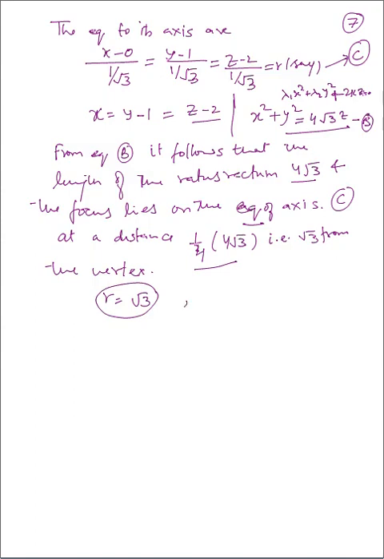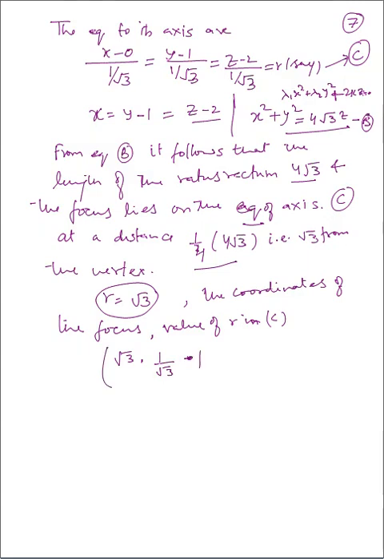So we get the coordinates of the focus. And we substitute in C the value of r, in equation C. So we got the length of latus rectum, and the focus lies on the equation C, at a distance 1 upon 4th of this, which is root 3.